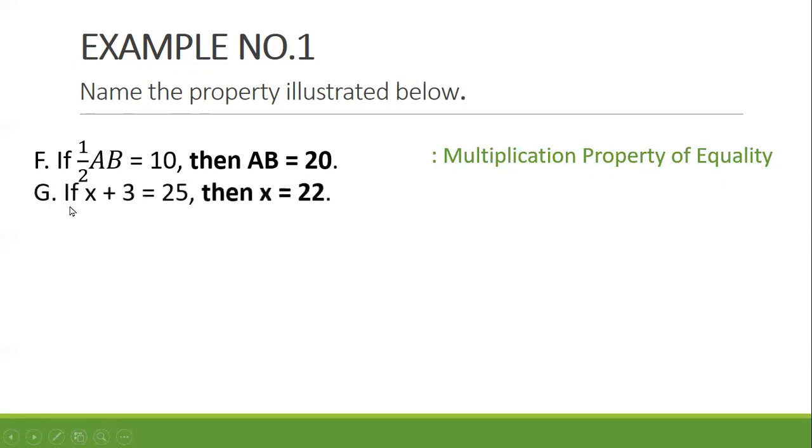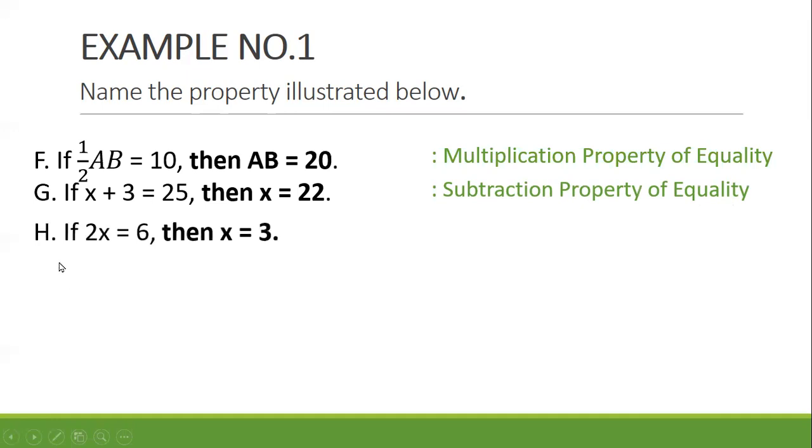Next, we have letter G. If x plus 3 equals 25, then x equals 22. Anong property of equality ang ginamit? We used subtraction property of equality. Because we subtract 3 both sides to isolate x, and ang natira ay si x. 25 minus 3 is 22.